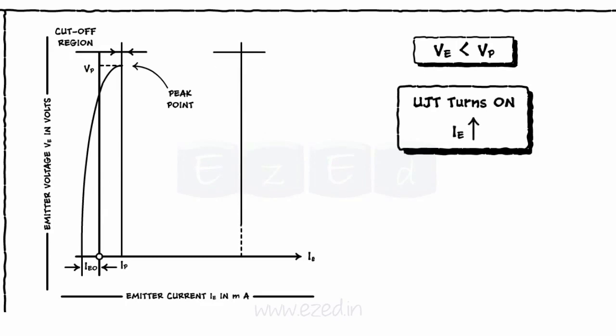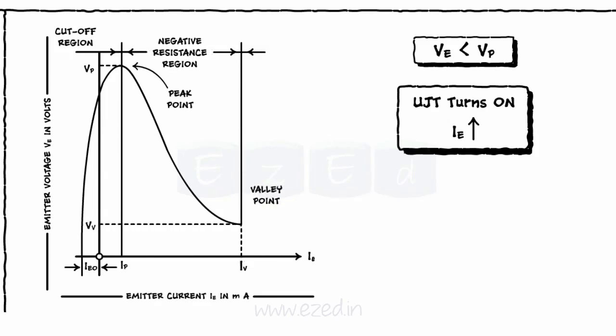But due to the negative resistance characteristics of the UJT, the emitter voltage decreases as the emitter current increases. This region of the graph is called the negative resistance region. Eventually, as the valley point is reached, any further increase in emitter current places the device in the saturation region as shown in the figure.